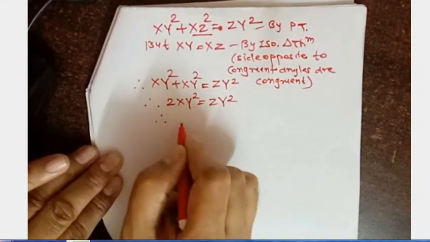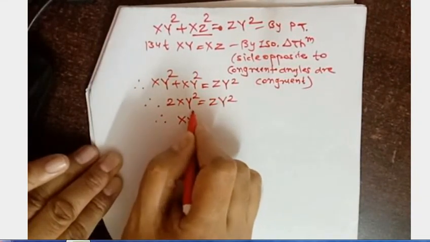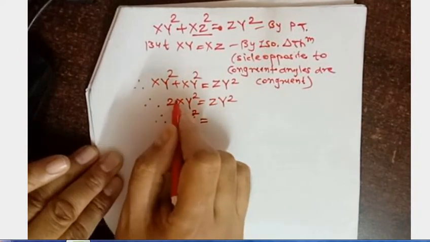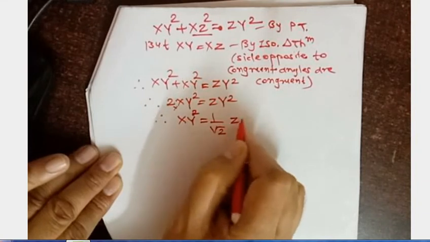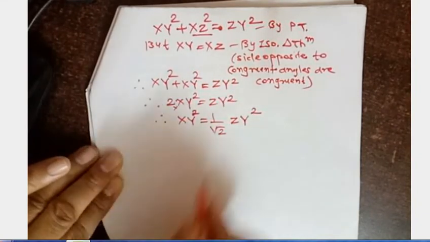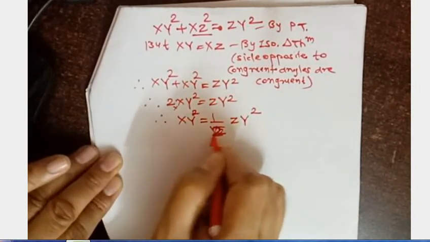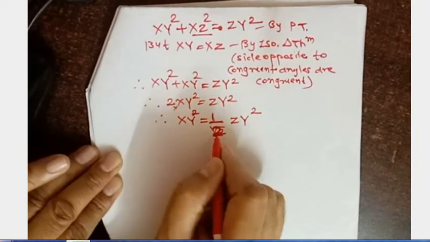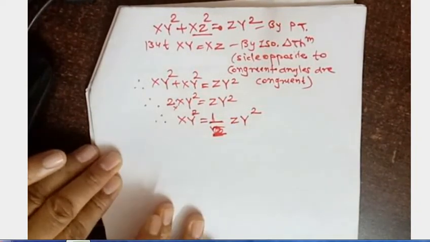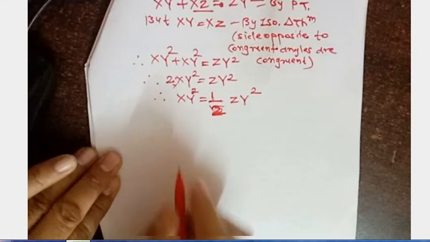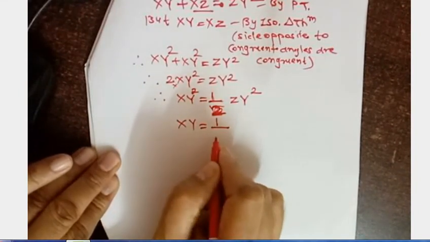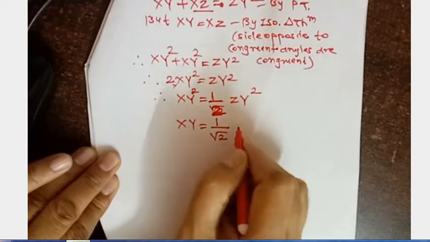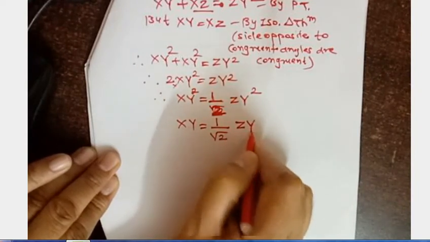Therefore XY square is equal to 1 by 2 ZY square, since 2 multiplies here and gets divided. Now taking square roots on both sides, XY is equal to 1 by root 2 times ZY.